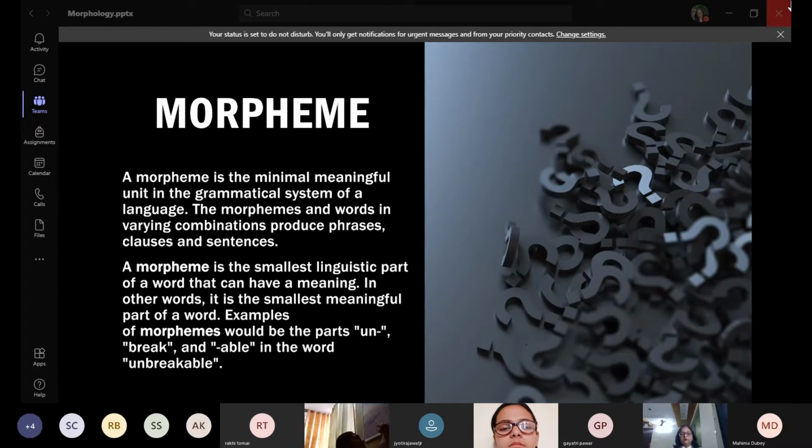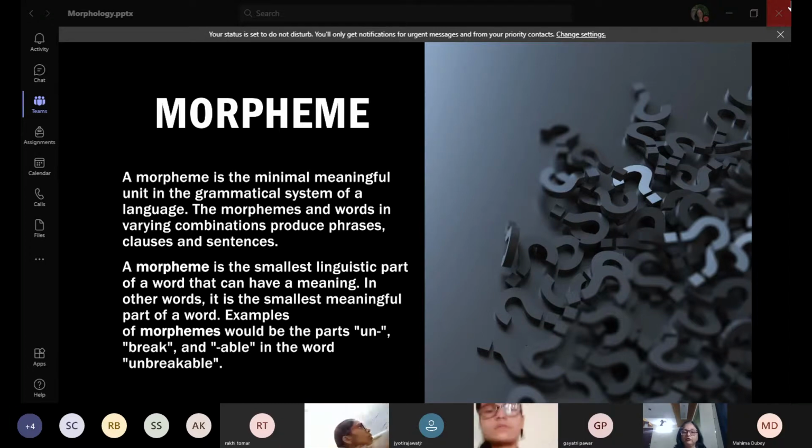The main word here is break. To break, we attach able, breakable. Breakable means जो चीज टूट सकती है. And when we add one more collection of phonemes, un, it becomes unbreakable.